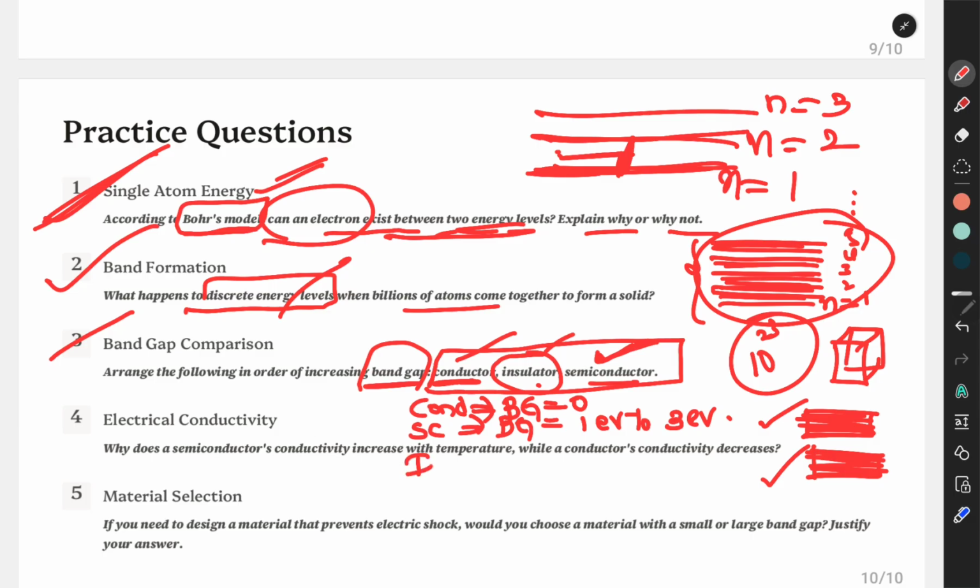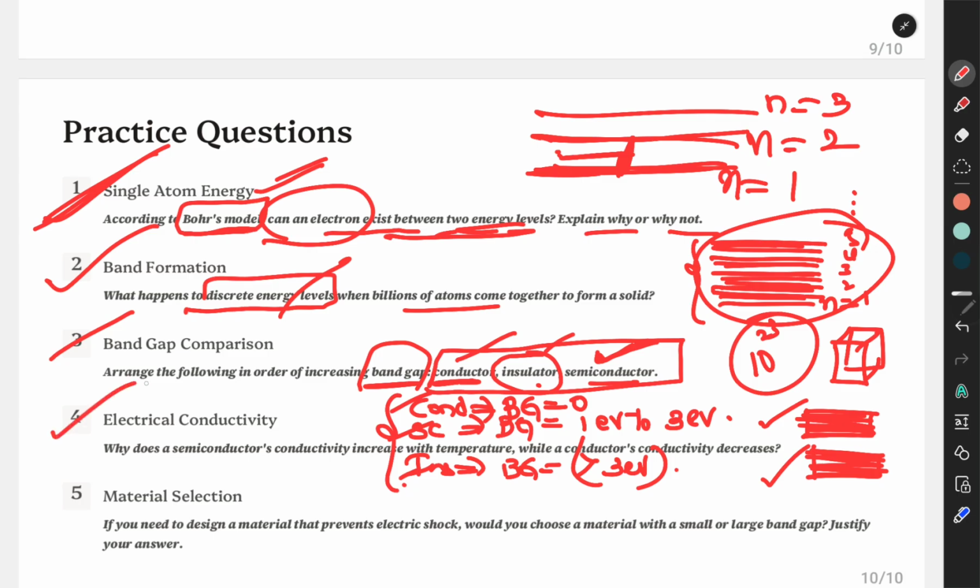And for insulators, the band gap can be more than 3 electron volts, right? This is the increasing order of band gaps of conductors, semiconductors, and insulators. The increasing order of the band gap decides whether the material is a conductor, semiconductor or insulator.